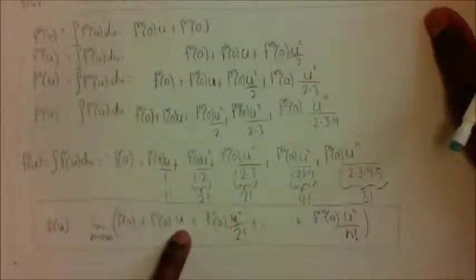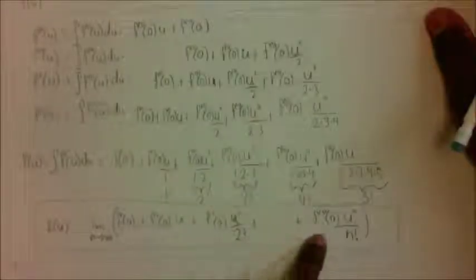So it's going to be u plus u squared over 2 factorial plus u cubed over 3 factorial plus on and on and on, plus u to the n over n factorial.